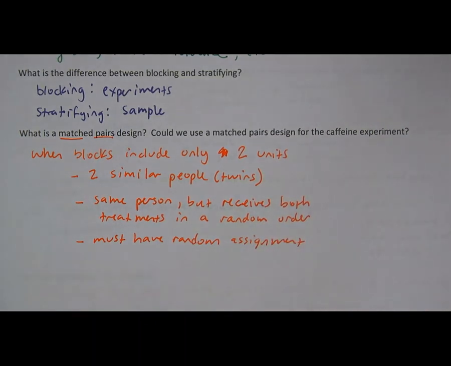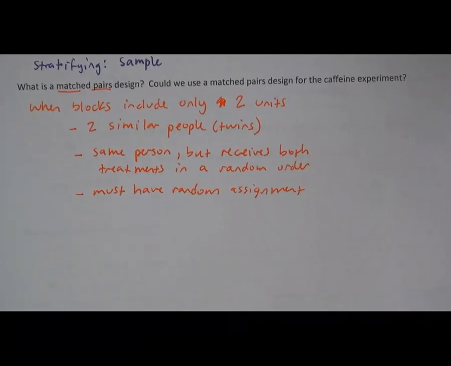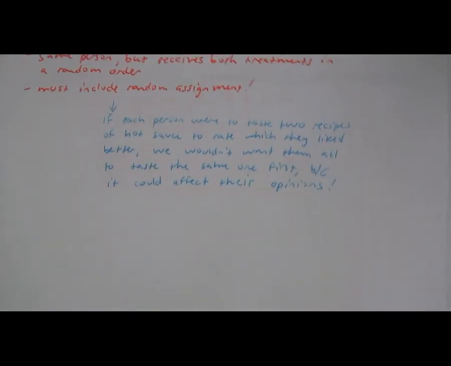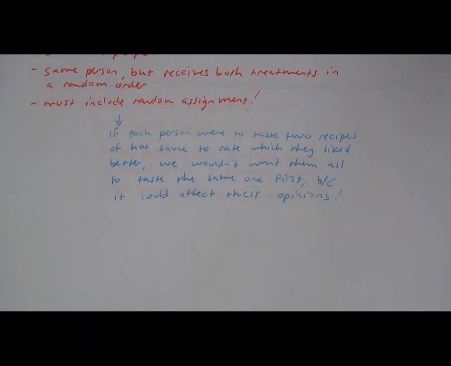And I'm going to give you a really good example of real-world context for a matched pairs experimental design where one person is a block. I'm going to put this up on the screen, and if you want to copy it down, you can. If you think listening will be enough, you can. I know that's kind of hard to do because it's in light blue.